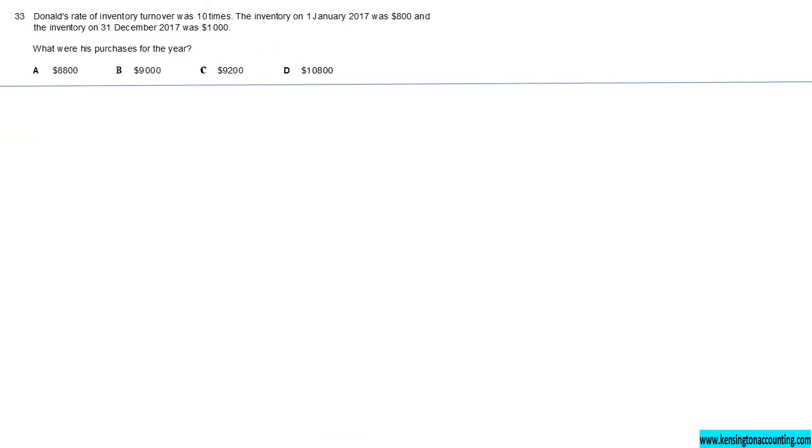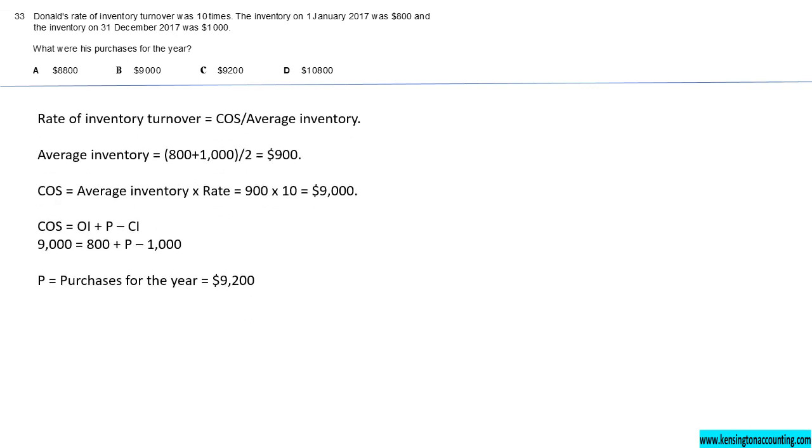Question 33 is about ratios again. We have the rate of inventory turnover, which is 10 times. We have opening and closing inventory, and we've been asked to find the figure for purchases for the year. Now the formula for rate of inventory turnover is cost of sales divided by average inventory.